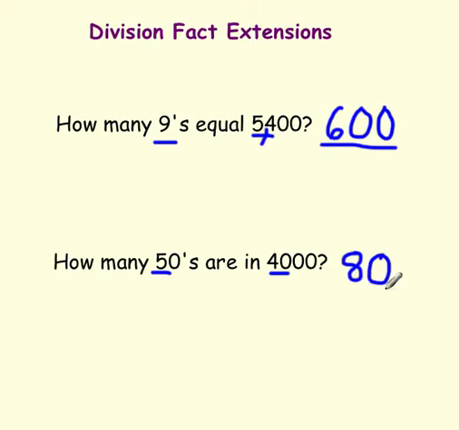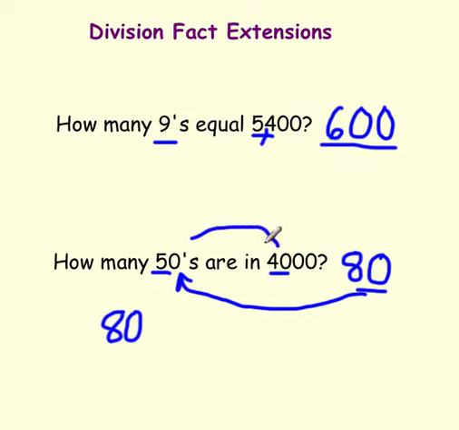Now let me see, are 80 50s 4,000? Let's try and multiply to check and see. If I want to check my work, I'm going to take that answer that I got, 80, and I want to take it times the other smaller number to end up at this great big number. So let's see if this works. 80 times 50 equals, well, I have 8 and I have 5. 8 times 5 is 40.